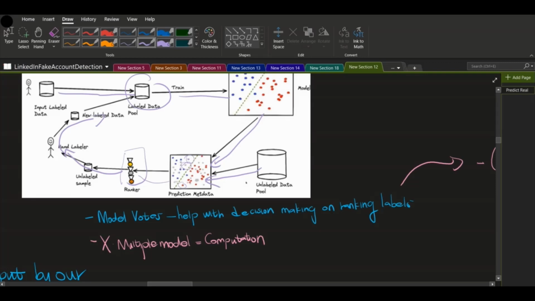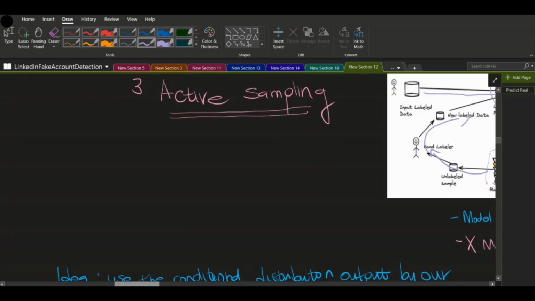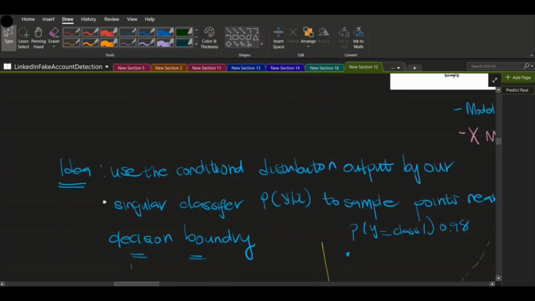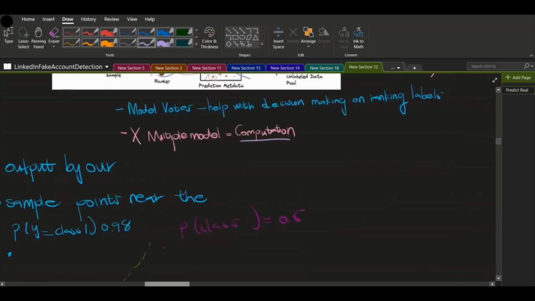So one could say, okay, we can maybe have multiple models. If we have multiple models and they all agree on the same thing, we can use that, but that can be computationally expensive. So that's why we might want to use a technique called conditional distribution, whereby our classifier outputs some sort of probability, right?